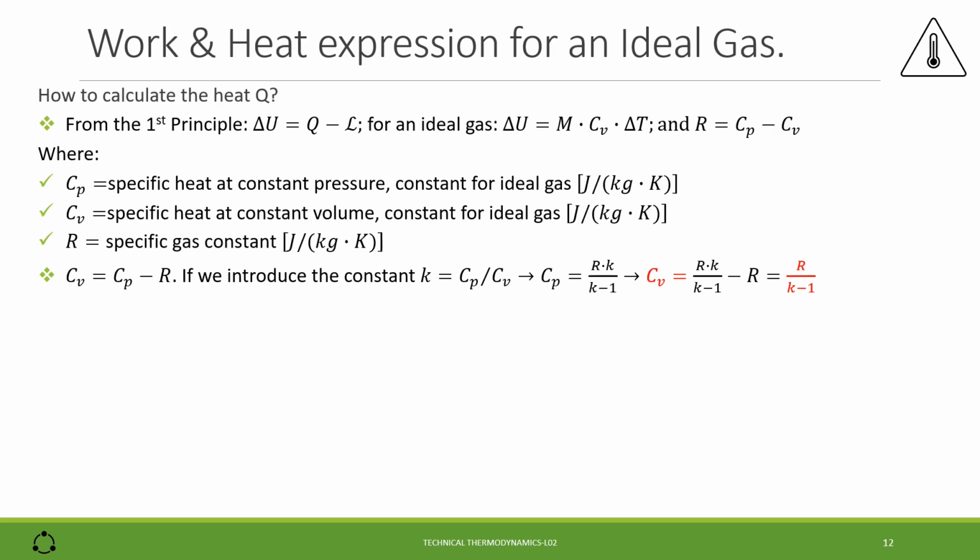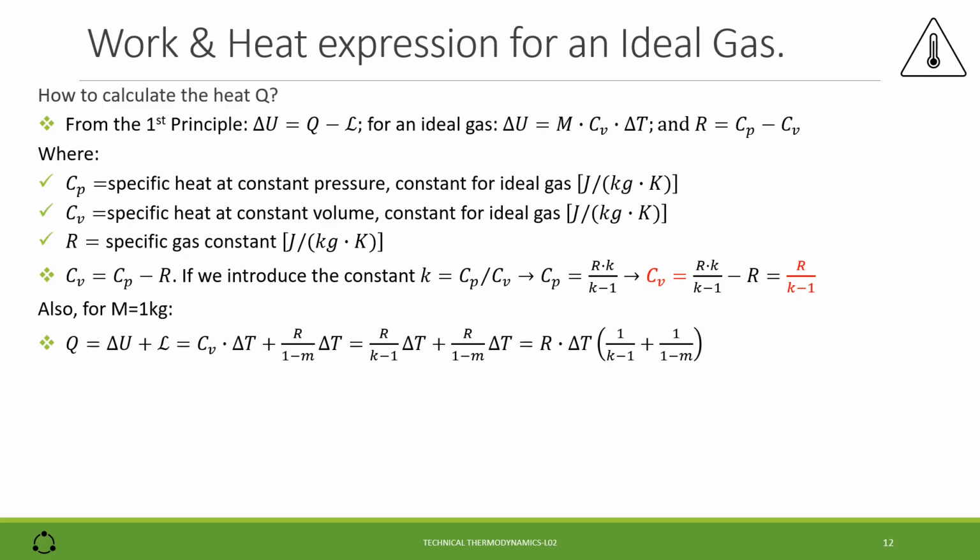From above we can also write Cv equals Cp minus R, and if we introduce the constant K, that is the ratio among Cp and Cv, we can write Cp as function of R and K and also Cv like in the expression in red.